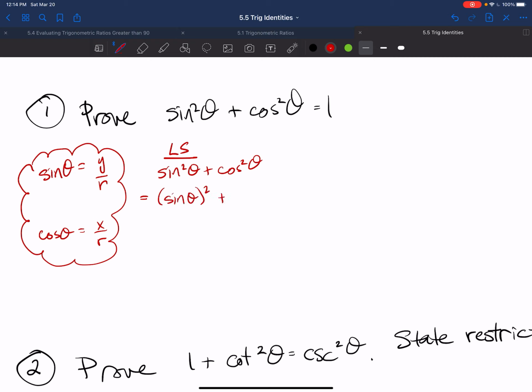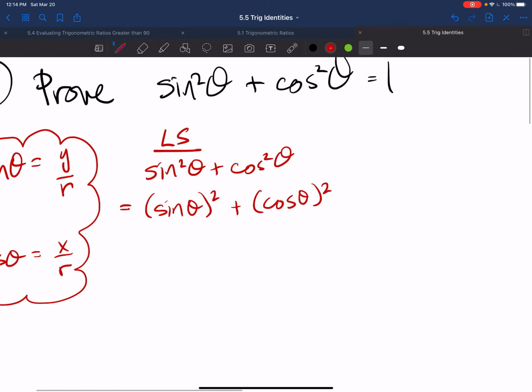Sine squared theta is another way of saying sine theta squared. It's just an easier way for us to write it. We put the squared symbol here because we want to make sure that we know it's the whole thing squared. If you put the squared symbol next to the angle, that means you're squaring the angle, not the entire ratio.